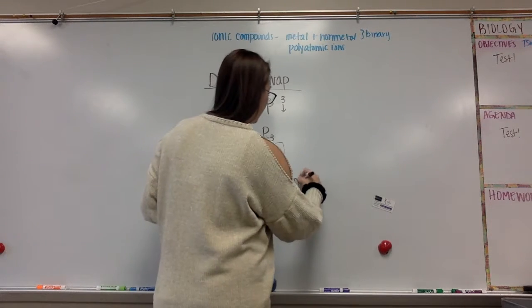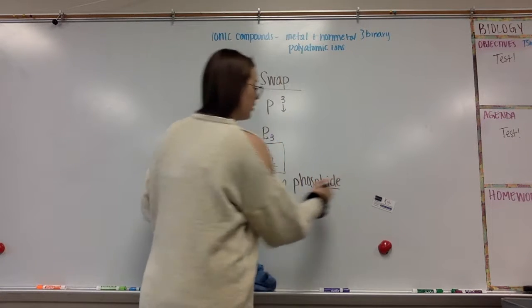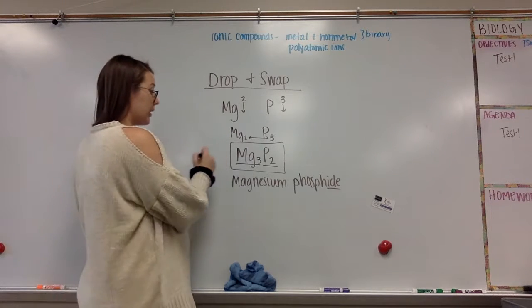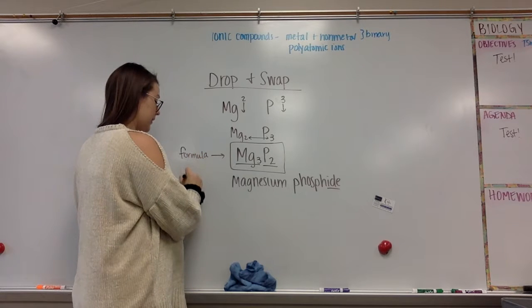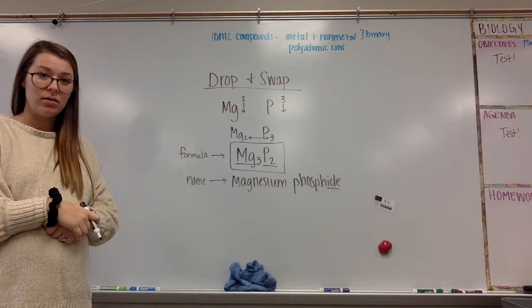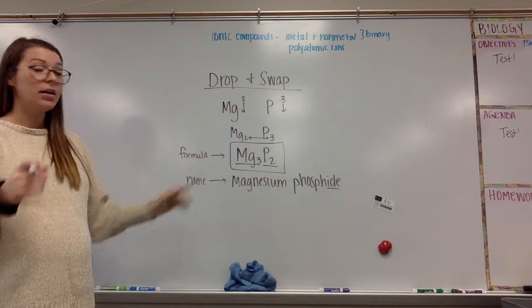So our ending would be phosphide, and that would be the name of this compound. So writing the formula and then naming it. Example. Okay, and that's how we would write a name for any ionic compound.